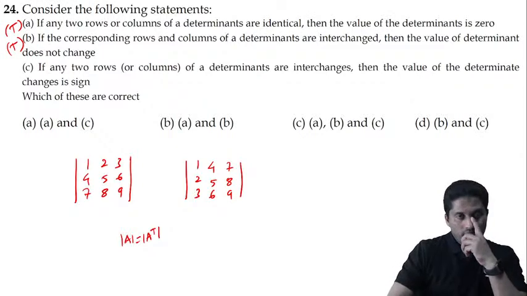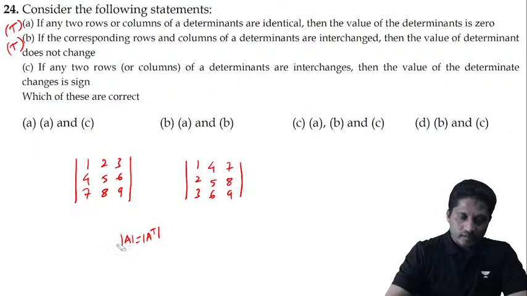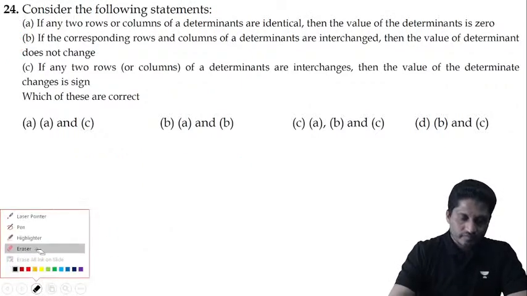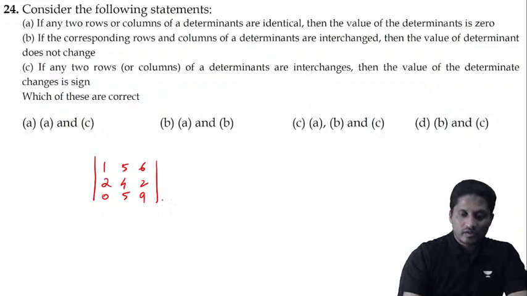Third option, if any two rows or columns of a determinant are interchanged, then the value of the determinant changes its sign. That is correct. Suppose you have a determinant 1, 5, 6, 2, 4, 2, 0, 5, 9, and you get some value.